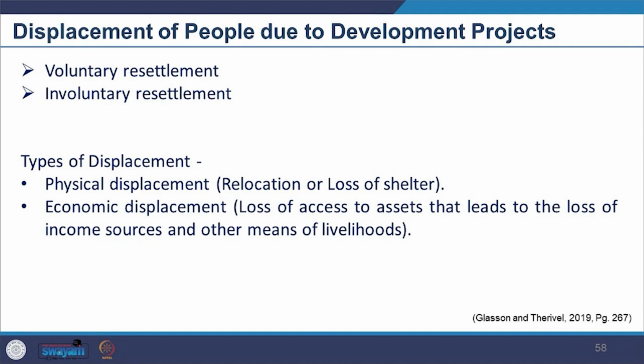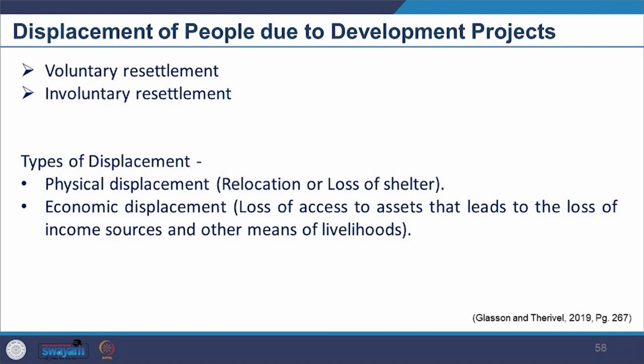Displacement can be of two types. When displacement happens, it's not just the physical relocation, but it can be of two natures. One, the physical displacement, where people are relocated or there is loss of shelter, so they have to leave their home and build a home in some other place.